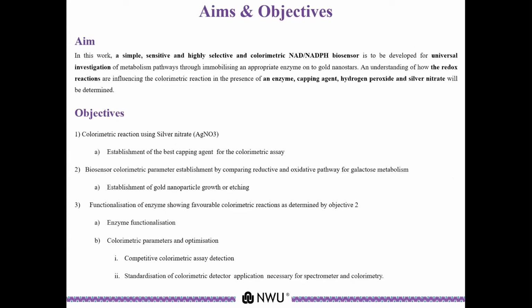But on this one, I just zeroed in on galactosemia, whilst I'll be using gold nanostars. I'll be making sure that I understand how the redox reactions are influencing the colorimetric reactions in the presence of an enzyme, the capping agent, hydrogen peroxide, and silver nitrate. And these are the broad basket of my objectives.